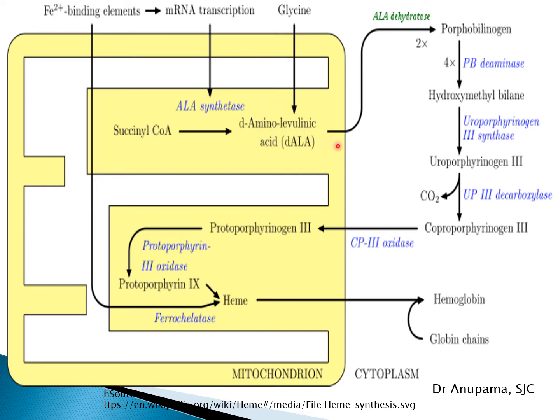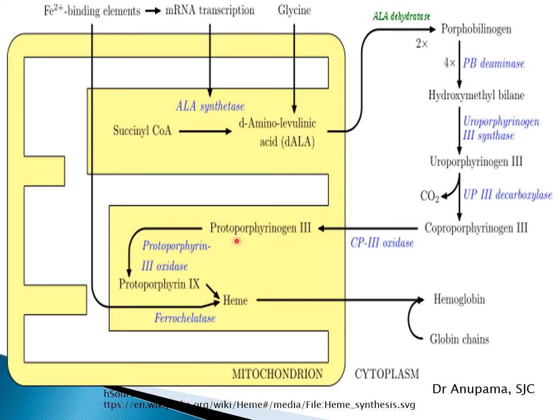Now the next thing is formation of porphobilinogen. ALA dehydratase is present in the cytosol. From porphobilinogen to coproporphyrinogen 3, all these reactions are taking place in the cytosol. So in the cytoplasm, the coproporphyrinogen which is synthesized undergoes oxidation and results in protoporphyrinogen 3 that enters the mitochondria.